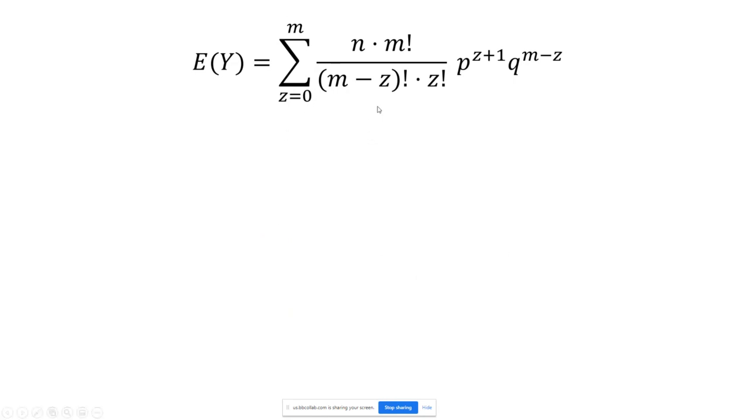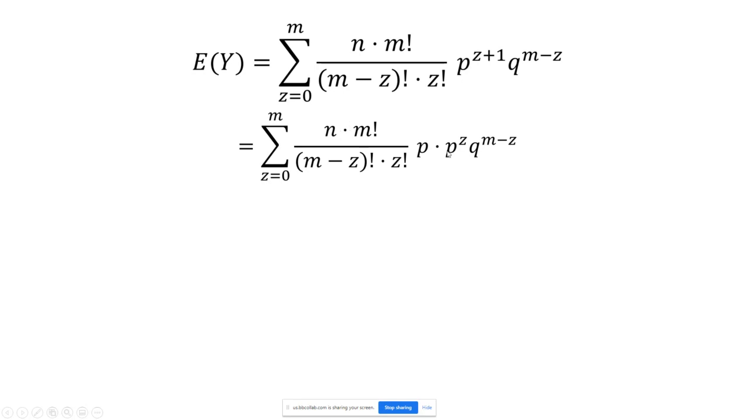All right. So now we just have an n left in our numerator, and we have this p to the z plus 1. Let's expand the p to the z plus 1 into p times p to the z.